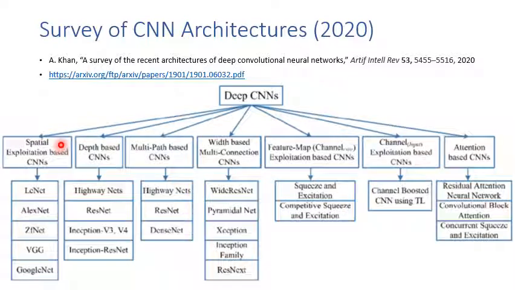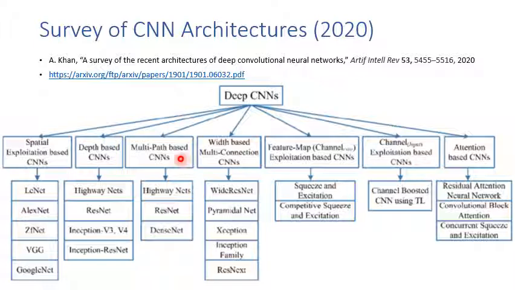The first is the spatial exploitation-based CNN models like LeNet, AlexNet, VGG, or GoogleNet. The others, like ResNet, are categorized as depth-based CNN: ResNet, Inception v3, v4, or Inception-ResNet.